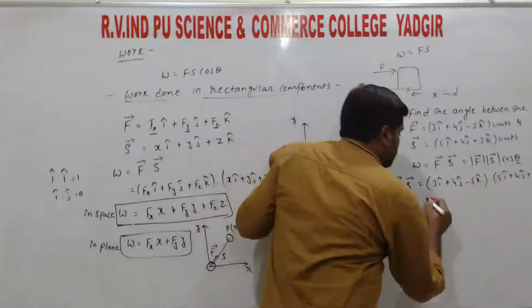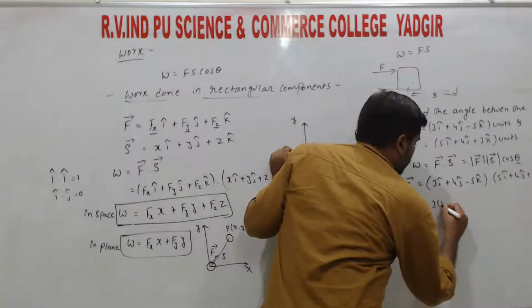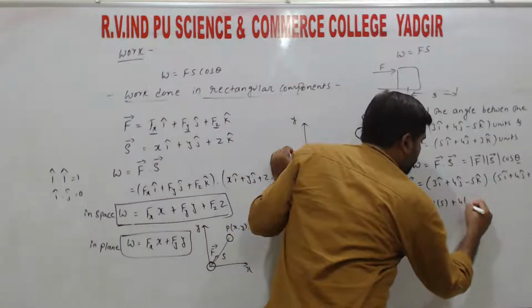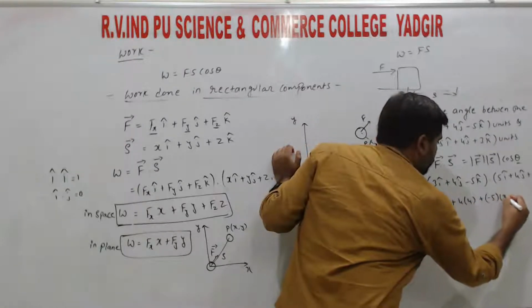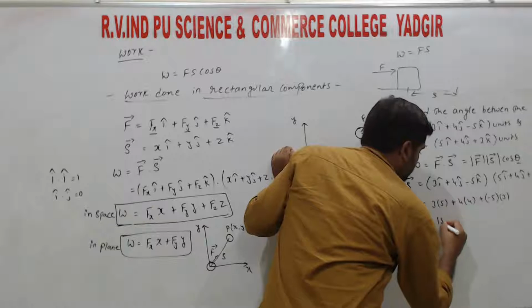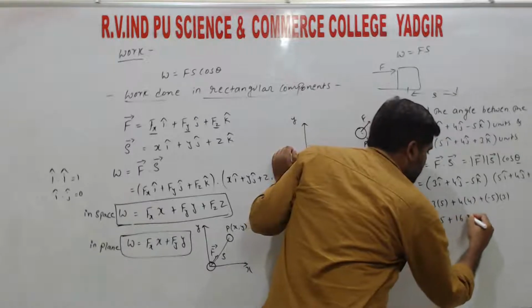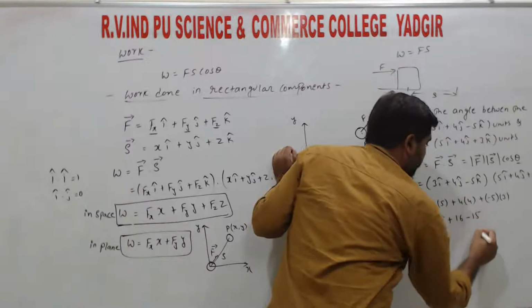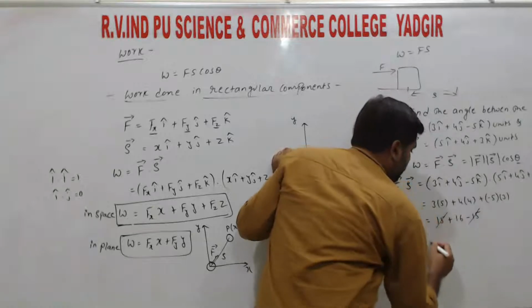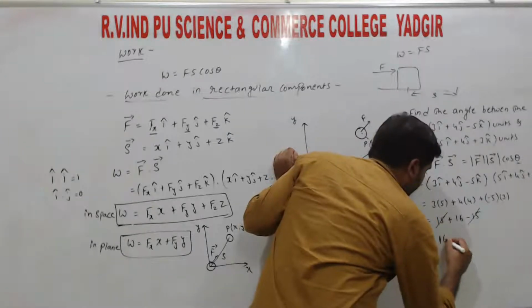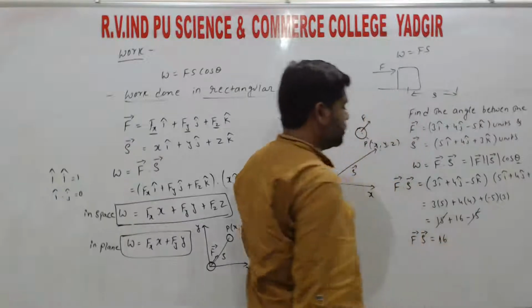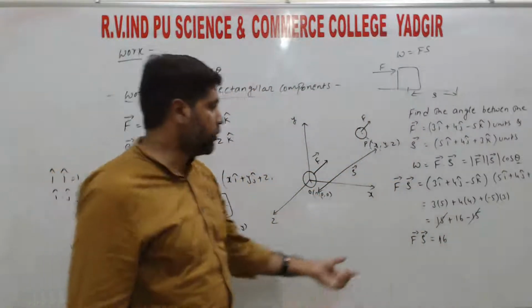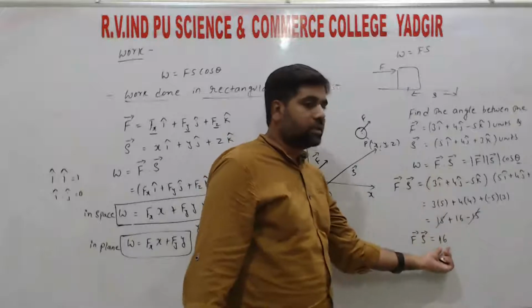Multiplying these two, 3 into 5 plus 4 into 4 plus minus 5 into 3, right? So 15 plus 16 minus 15. Minus 15 plus 15 get cancelled. We get F dot S equal to 16, right? So the LHS value we got is 16.